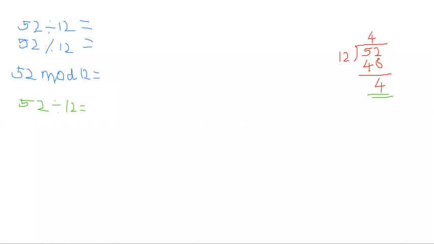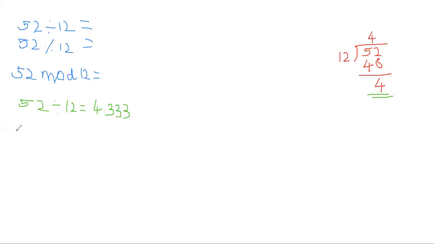Let me use the calculator here. So if I do 52 normal division by 12, I'm going to get 4.33. You can try it also by using the calculator. 4.33333, some values I'm getting.